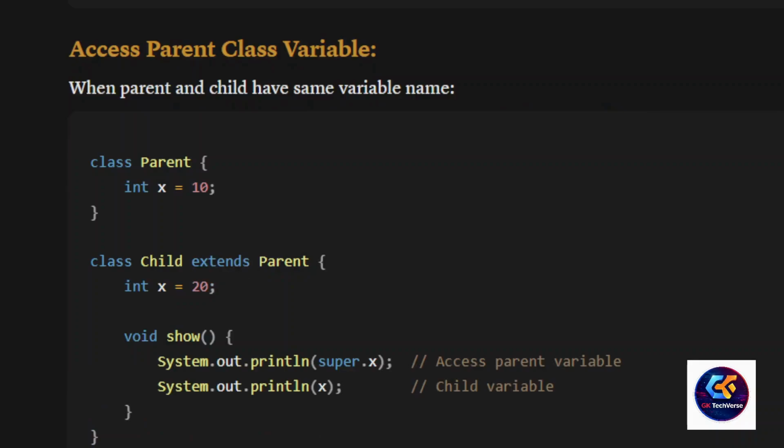So, accessing parent class variables using super keyword when parent and child have the same variable names. Here in this example, parent has an int variable x, child also has the same variable. So in the show method, using super.x means accessing the parent variable using super keyword.